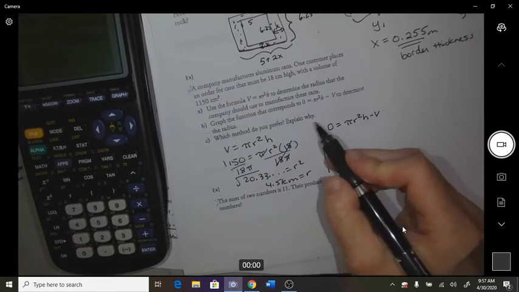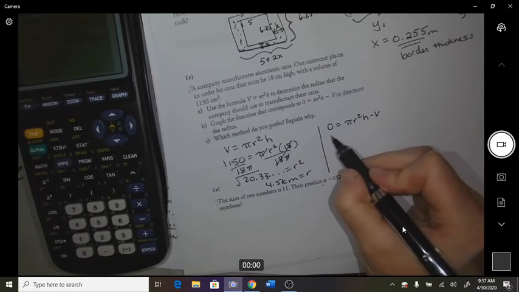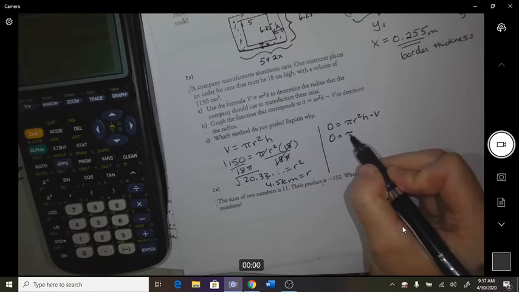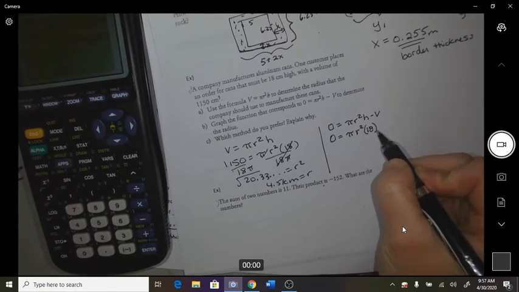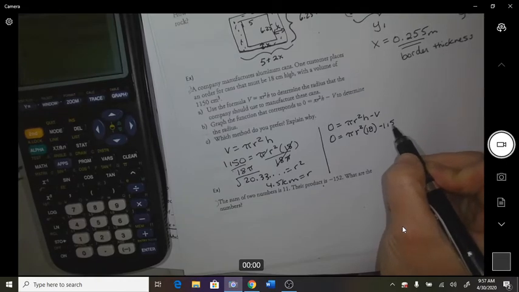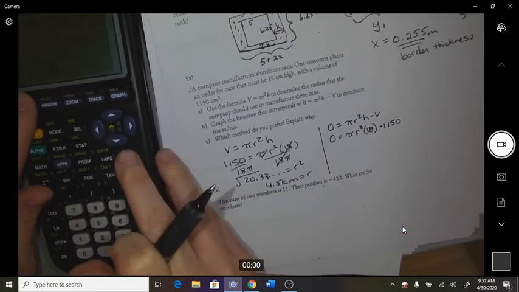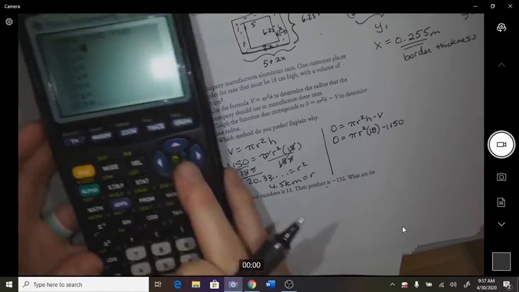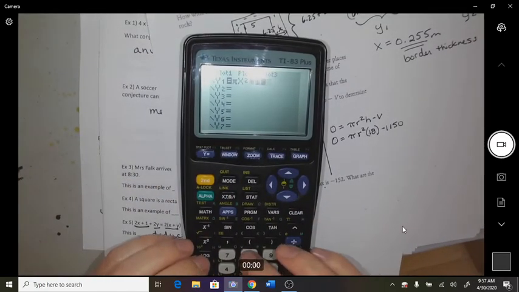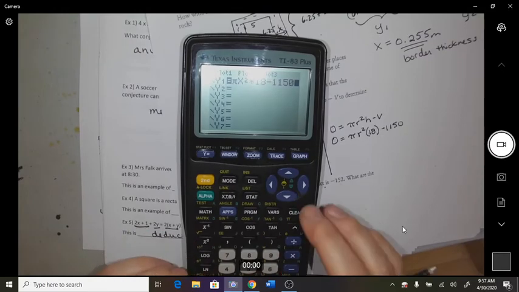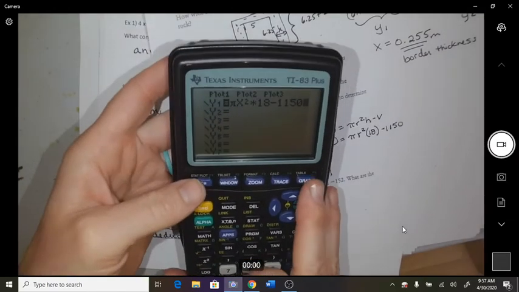also with our calculator. So 0 equals pi r squared, replace with the 18, and replace with that. Okay, so pi x squared times 18 minus 1150.